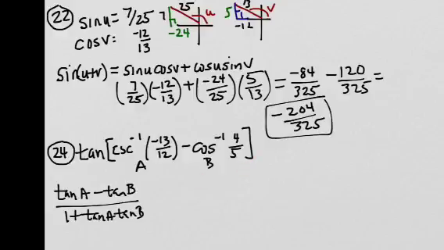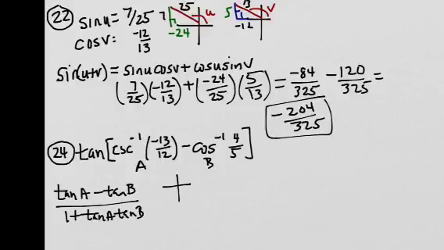So remember, anytime you see inverse for a trig function, you should know that this represents an angle and this represents an angle. Okay? The numbers here are the ratios that correspond to that angle. So for angle A, you have cosecant inverse of negative 13/12.